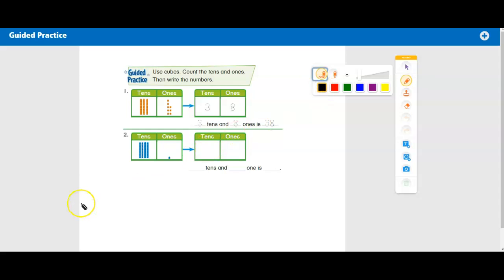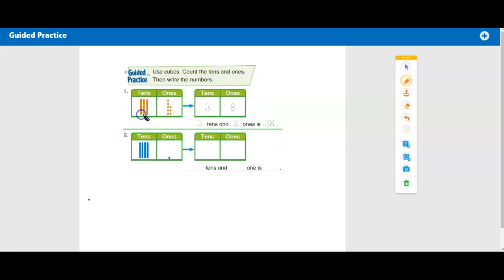Now let's look at your guided practice, still on page 338. Use cubes. Count the tens and ones. Then write the numbers. The first one has been completed for us. Let's see how they did it. Here we have tens and ones.